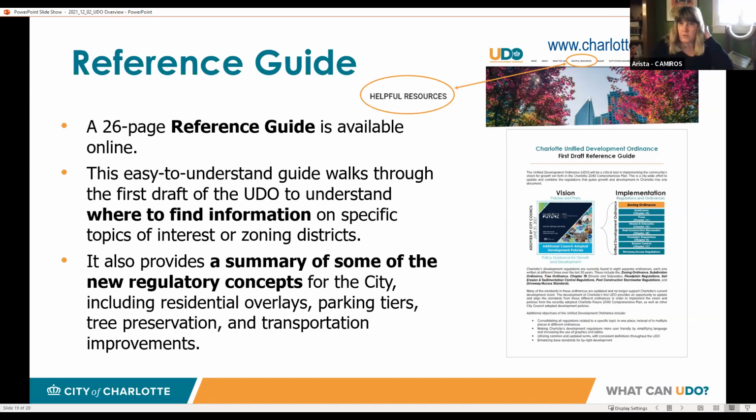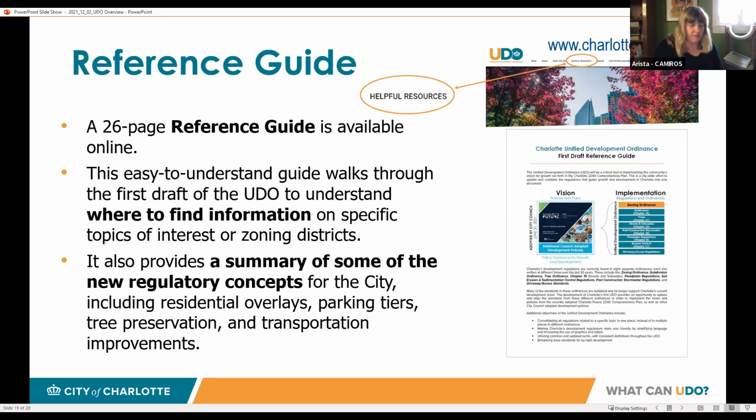Alan, there's a new question in the chat from Alicia McConnell. Will changed and new terms be included in a separate key to help users navigate and focus on understanding them and the changes they will cause? I might need a little more clarification on this, but the UDO does have a very robust definition section.